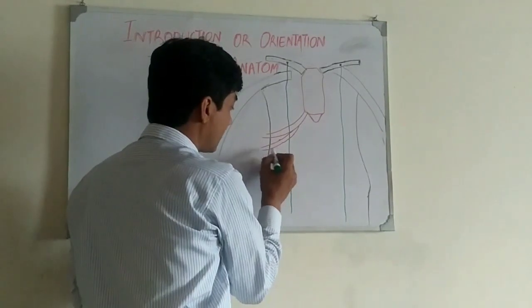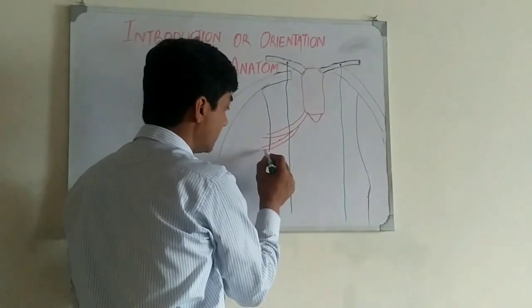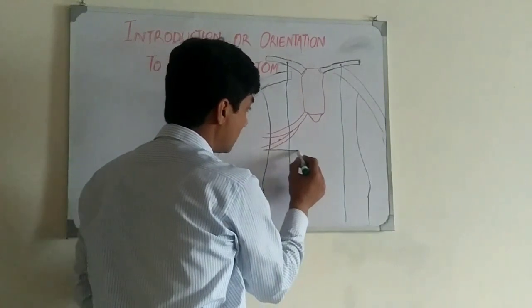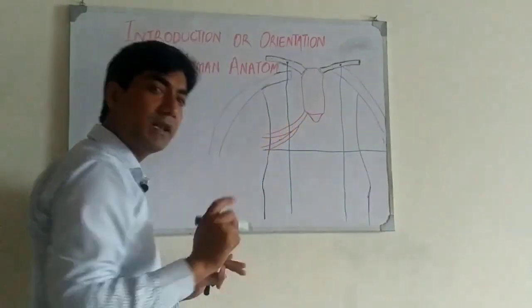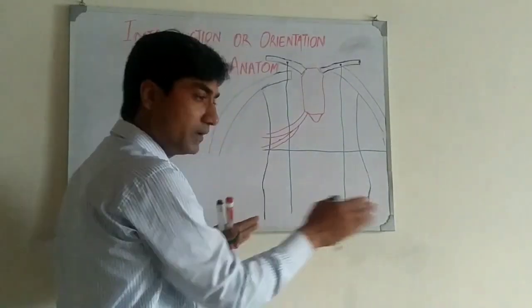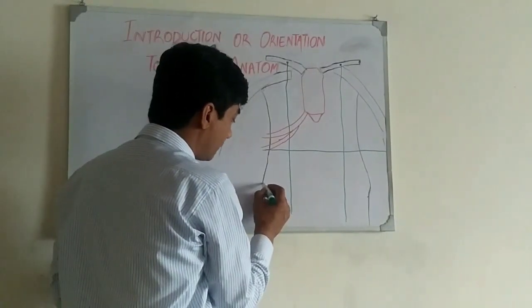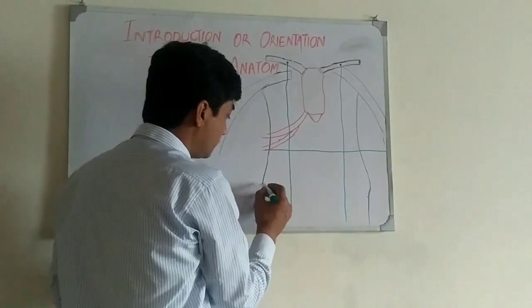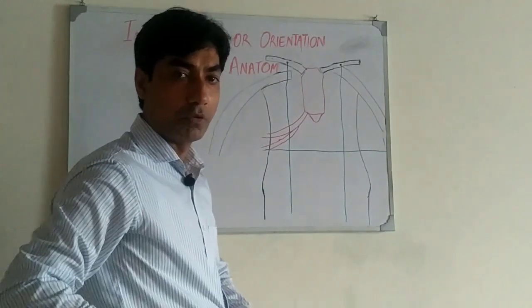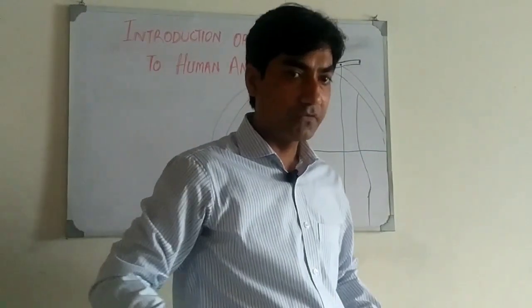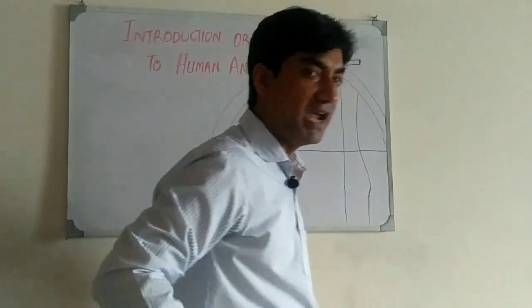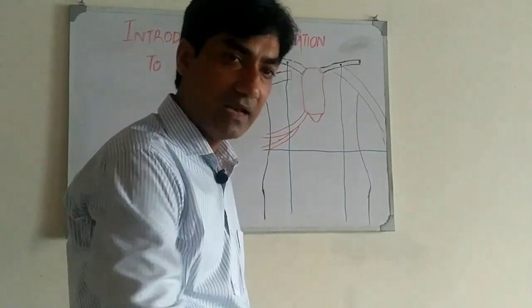One line is drawn under the costal, under the ribs. This line is called the subcostal line. And another line is drawn horizontally at the point of the anterior superior spine of the pelvic bone, where we have seen the pockets of pants at the right and left side.